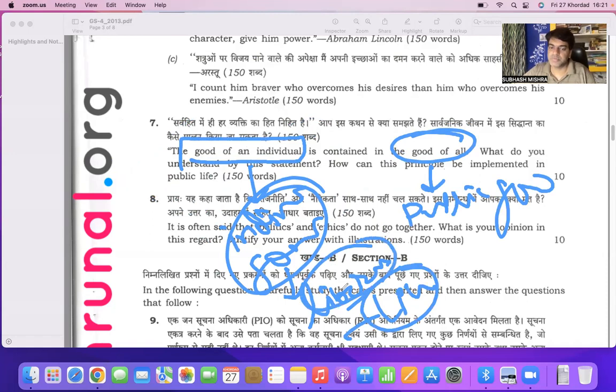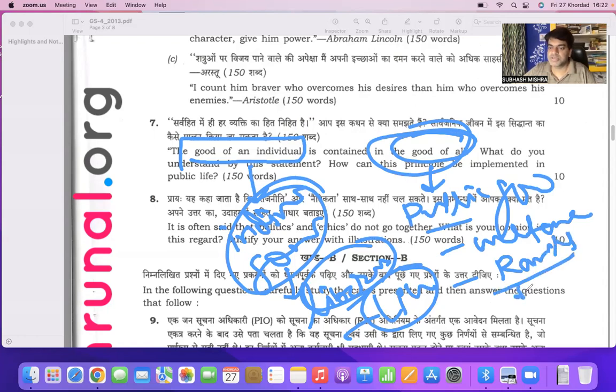Liberalization, privatization, globalization is about the libertarian principle, or this individual system. But the good of all is vested in public good, in welfare. There is one thinking called Rawls's thinking, John Rawls. What is it called? Veil of ignorance.